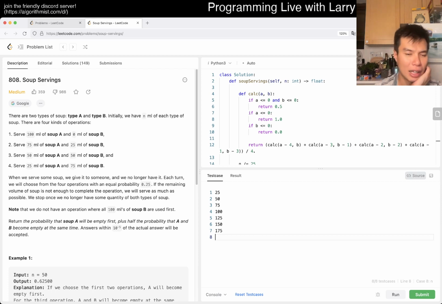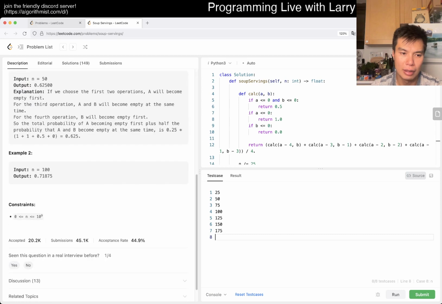I was going to say how to get them so that A and B are at 0 at the same time, and then maybe we can figure that out. But I don't know that that's good enough either.